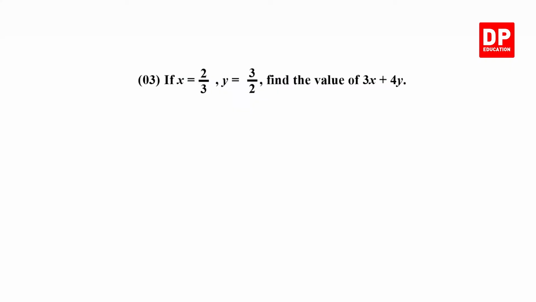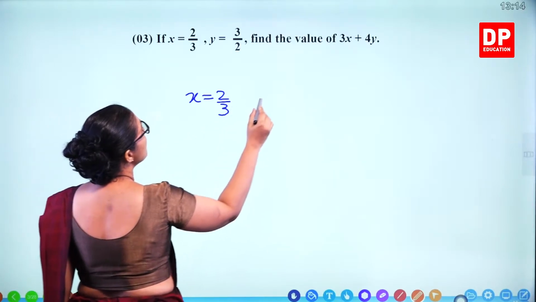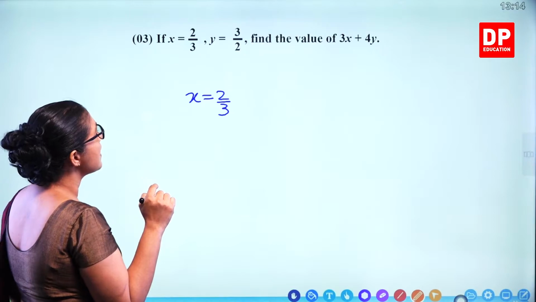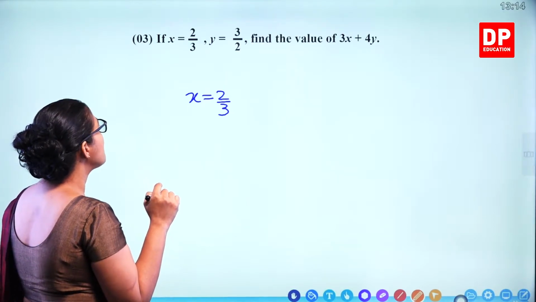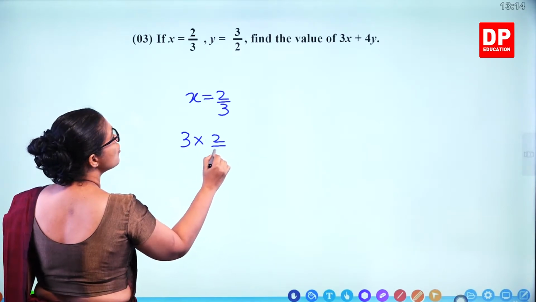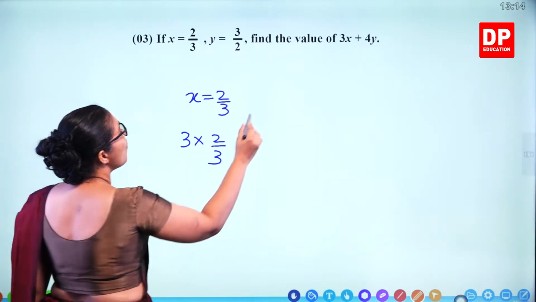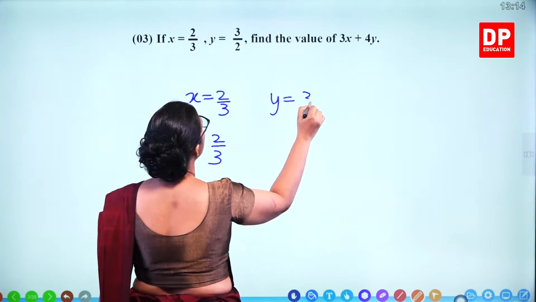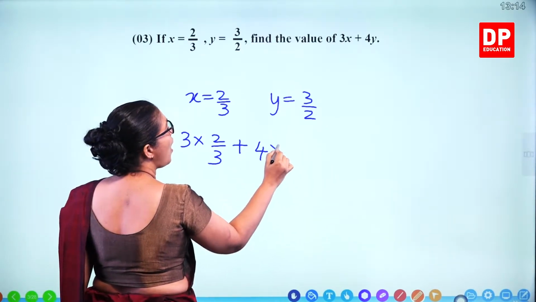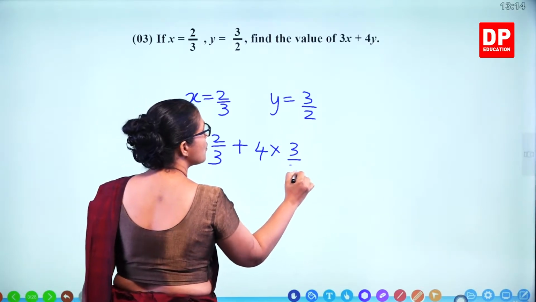Question number 3. If x equals 2/3 and y equals 3/2, find the value of 3x plus 4y. So just substitute. 3x is 3 times 2/3. Y equals 3/2, so plus 4 times y.